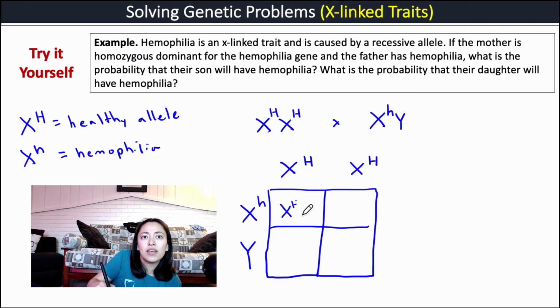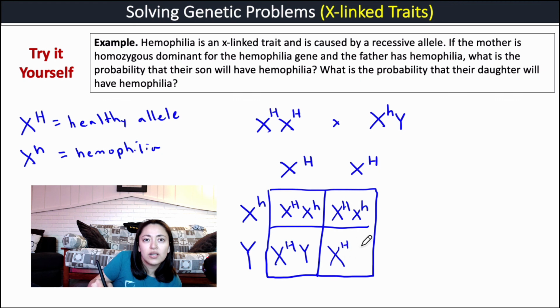X big H, X little h, from this combining with that. This one would be the same, X big H, X little h. This one would be X big H, Y. This one would be X big H, Y.